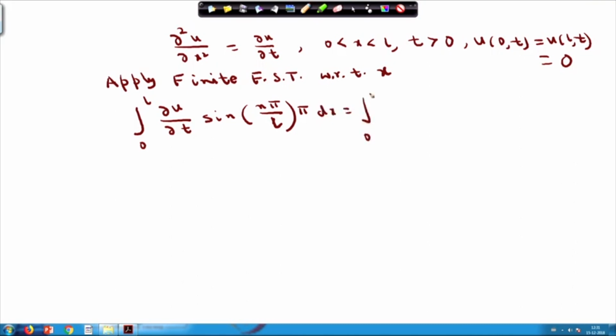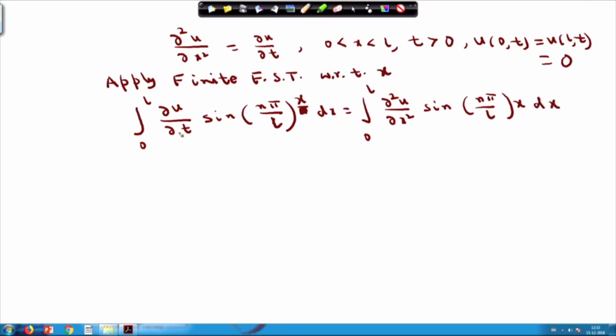This equals the integral from 0 to L of ∂²u/∂x² times sin(nπ/L · x) dx on this side.